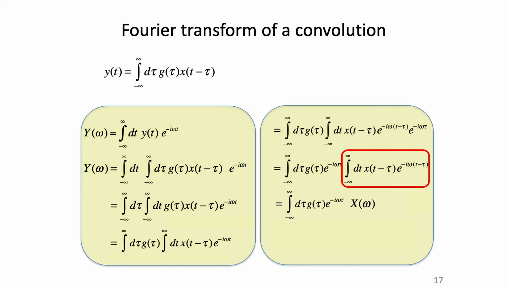Good. And what is this? Fourier transform of G. So the Fourier transform of y is just the Fourier transform of G times the Fourier transform of x. All right, that's pretty cool, kind of cute, but it's also really powerful. Okay, so let me show you what you can do with that.